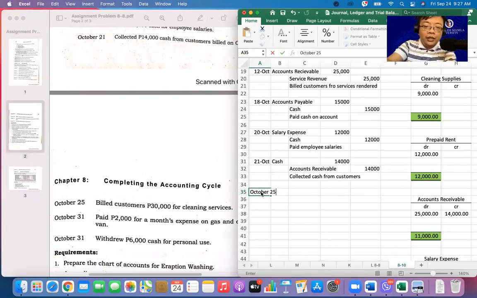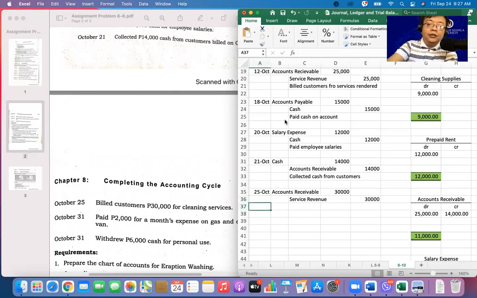Bill customers again. First, accounts receivable. If you bill your customers, di ba, it is accounts receivable. Billed customers for cleaning, just like October 12. So accounts receivable is worth 30,000, and also service revenue worth 30,000.